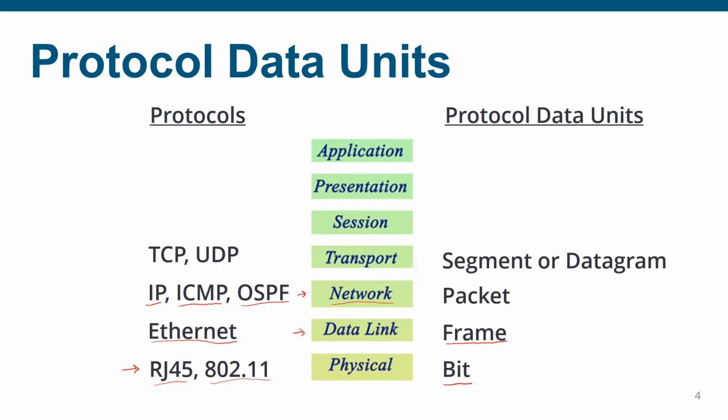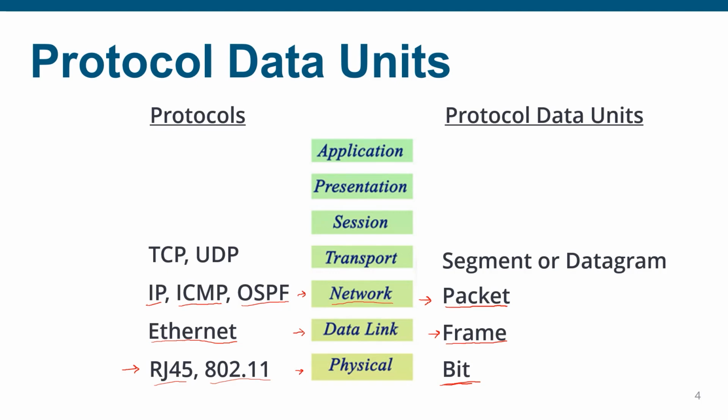The protocol data unit that describes a layer 3 unit of information is a packet. So recap, right? At layer 1, we talk about the transmission of individual bits. At layer 2, our unit of information is a frame. And at layer 3, our unit of information is a packet.